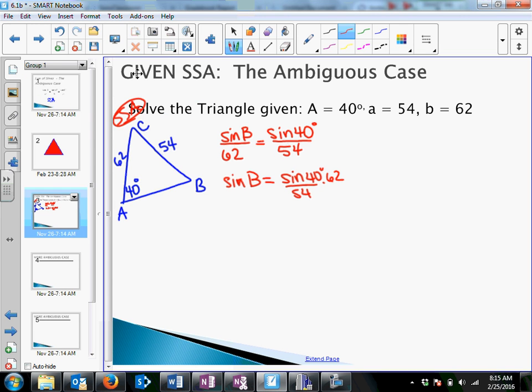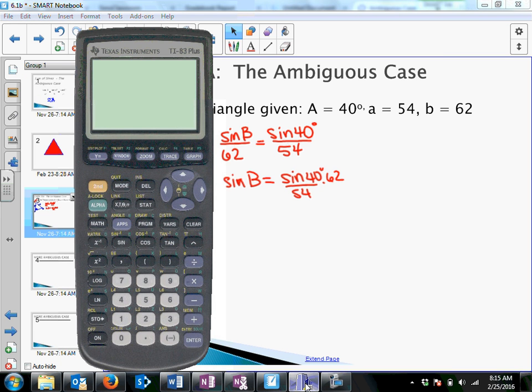Inverse sine. So in your calculators, you need to take the inverse sine of the sine of 40, close your parentheses, times 62 divided by 54.